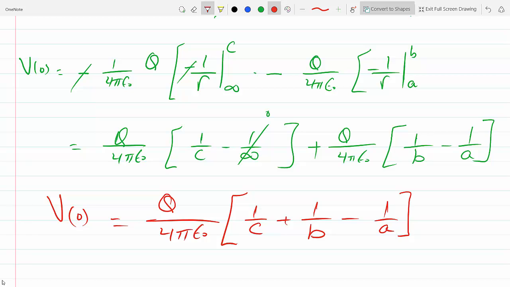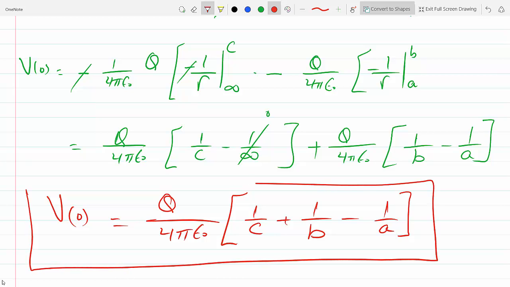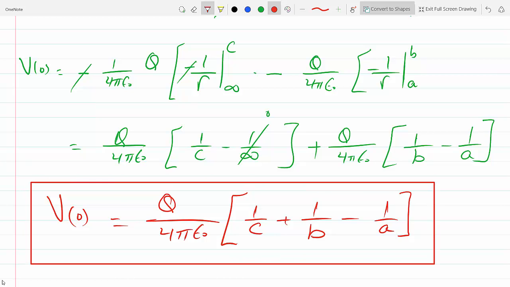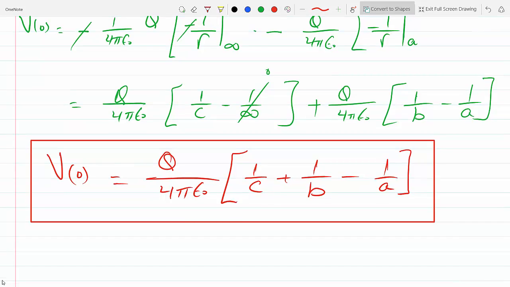This would be the final answer for the potential at the center. Let me just check the signs really quick.